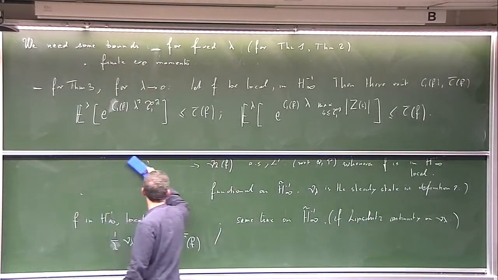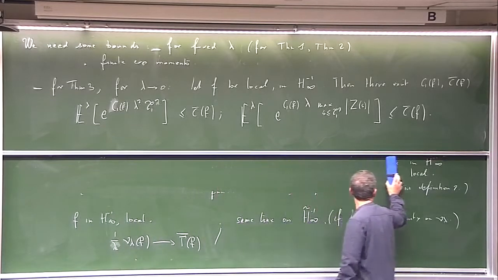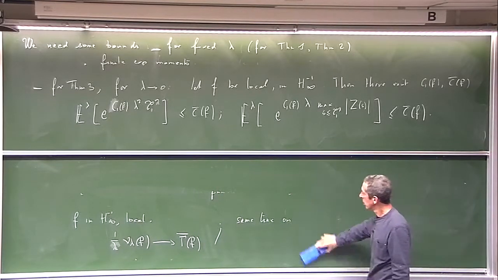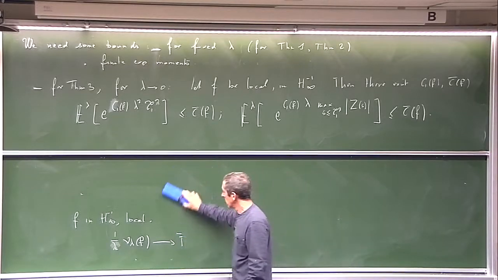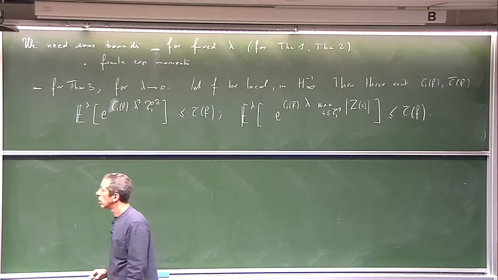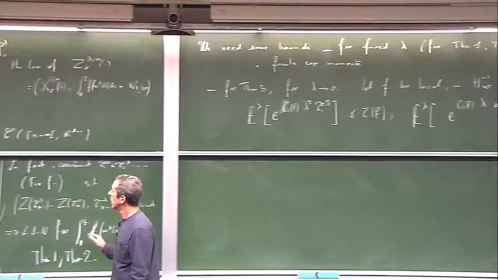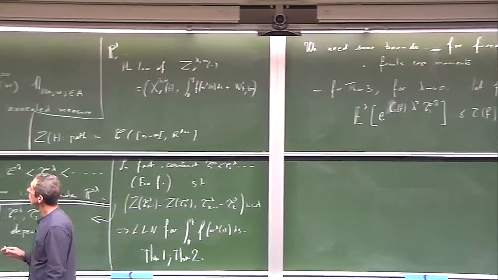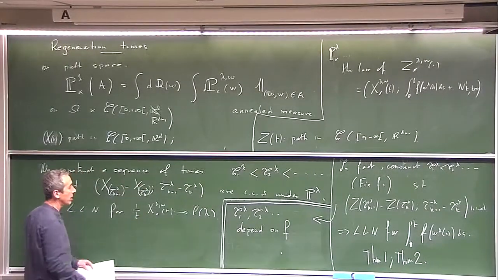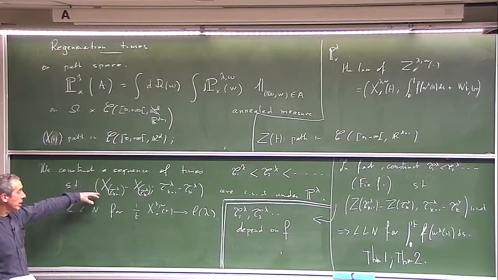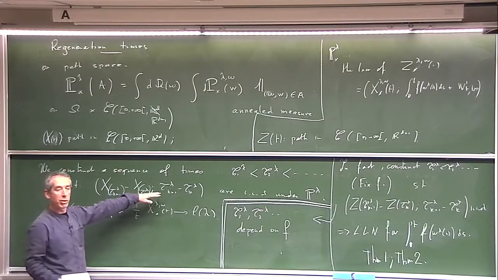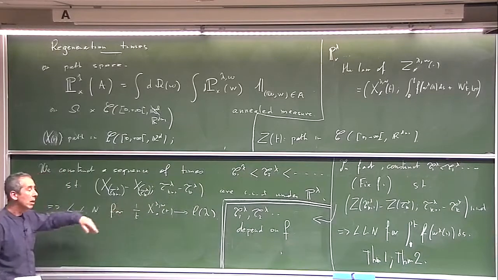I should give some references. There are different things. One thing is the possibility to construct times where you have this kind of decorrelation happening.